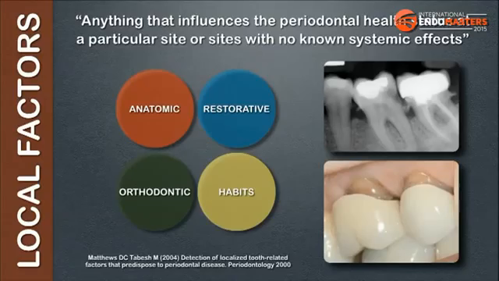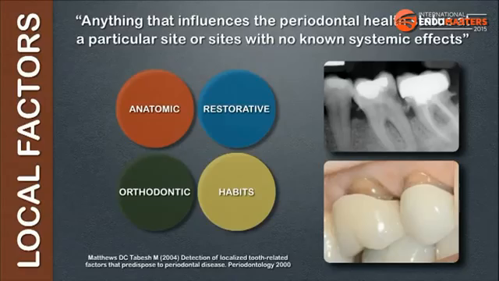They are not etiologic factors, but tend to increase the progression of periodontal disease in presence of etiologic factors in a particular site. Local contributing factors can be classified as anatomic, restorative, orthodontic, and habits.